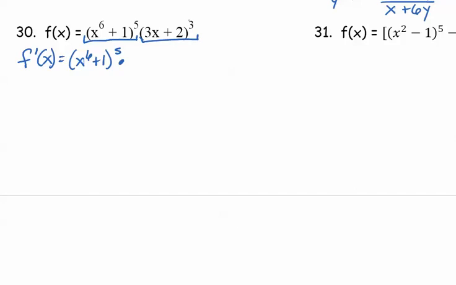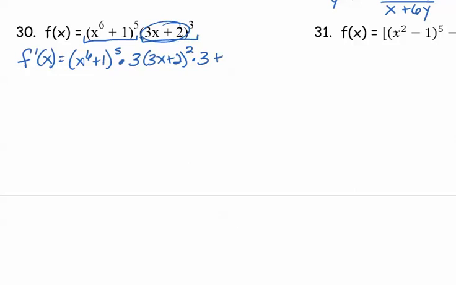So I'm going to do a power rule, bring the 3 down in front, reduce the exponent to a 2, and then don't forget that we've got a chain rule here. The chain rule on the entire binomial is just 3 because the derivative of the 2 is 0.